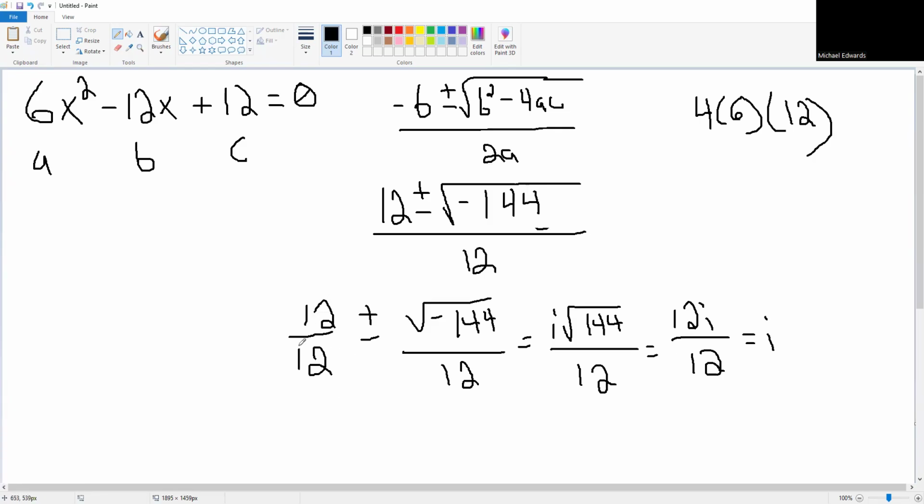So 12 over 12 is 1. So this solution is just 1 plus or minus i. We could write it 1 plus or minus i to help confusion because 12 over 12 is 1. That's where we got that. And the i came from all this, and the plus or minus came from there.